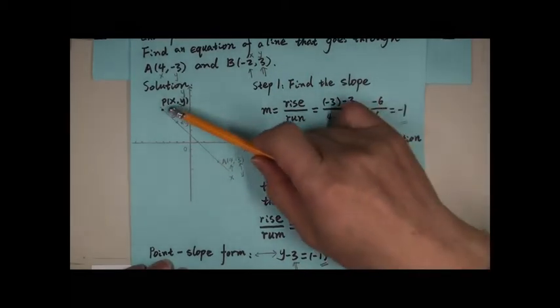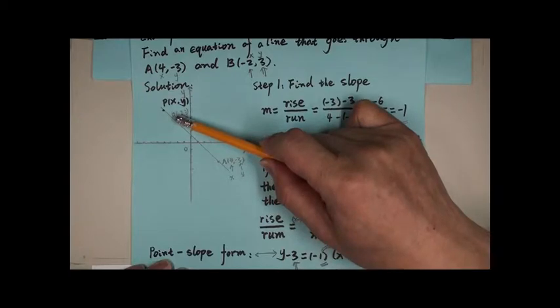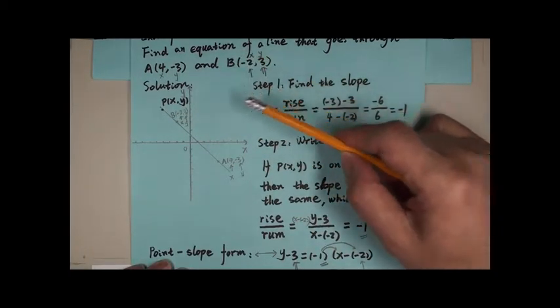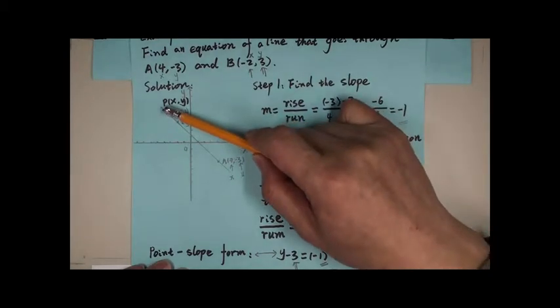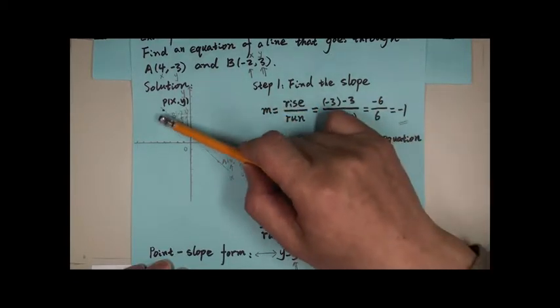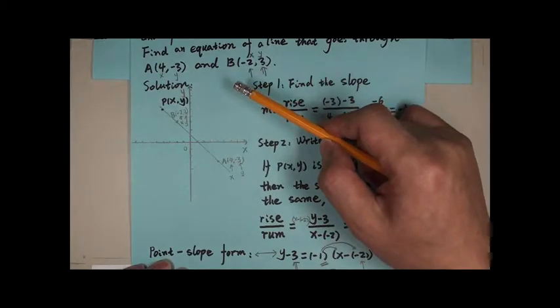You see, choose 2 points. Let's choose B with P, those 2 points. How to calculate the slope?